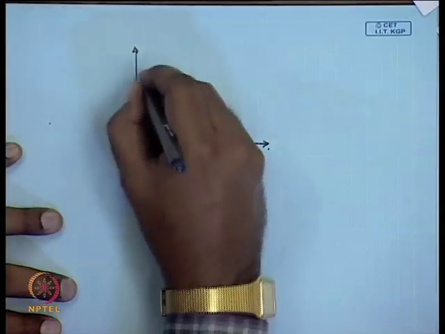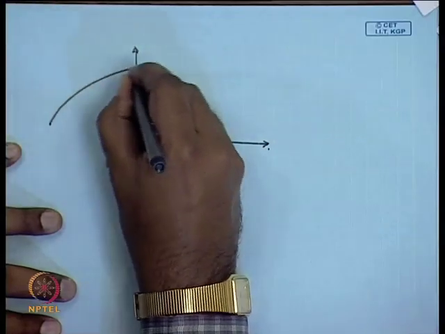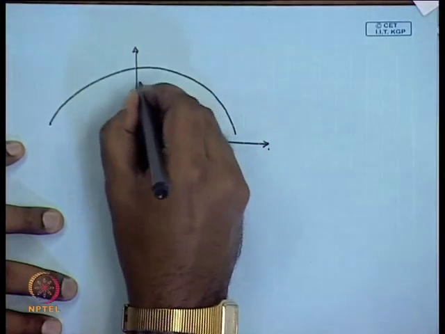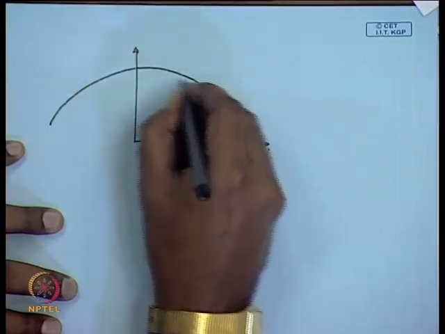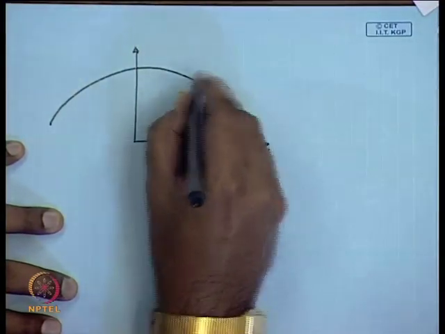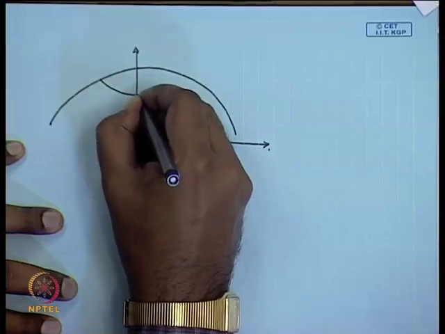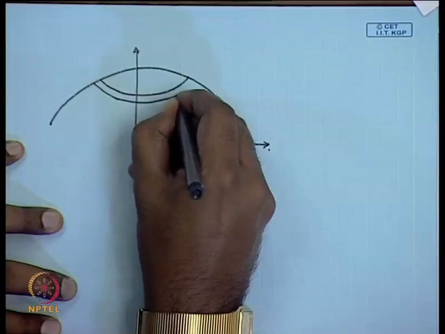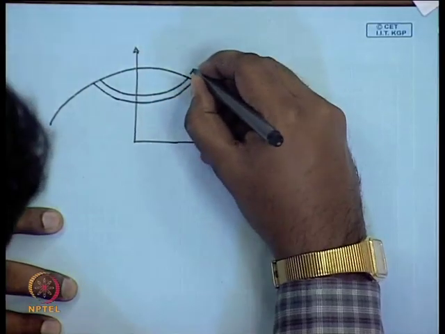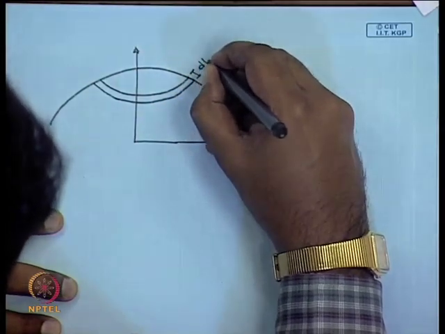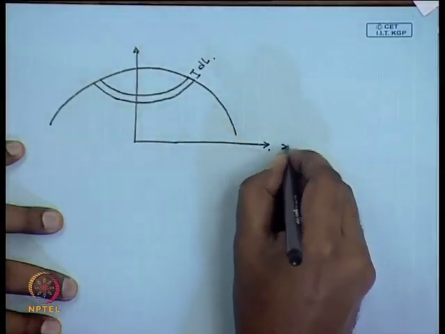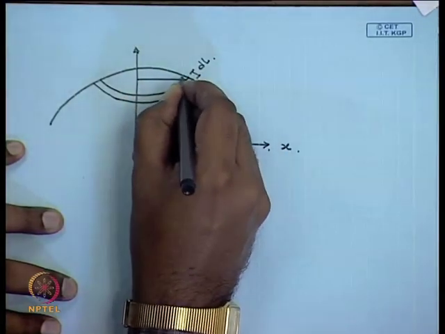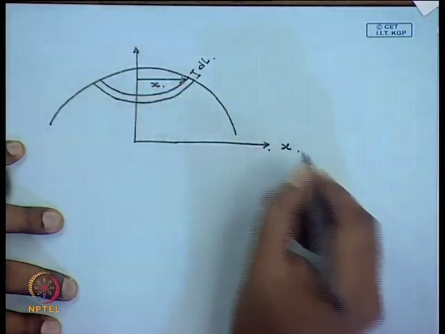Let us say we consider a surface like this, this is the axis of symmetry, and we take a strip of area on the surface. Okay. Let us say this width is dl, this is the x axis. So, this point is at a distance x from the origin.